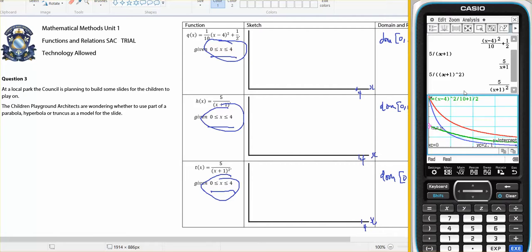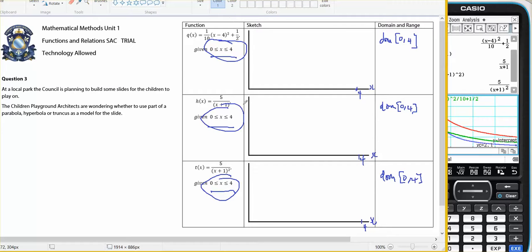Okay, so I know that this first one, I need to go to a maximum of 5. I'm going to do the same for all of them so I can compare them. So 1, 2, 3, 4, and I've got 2.1.